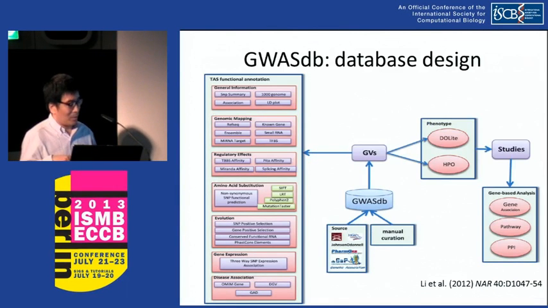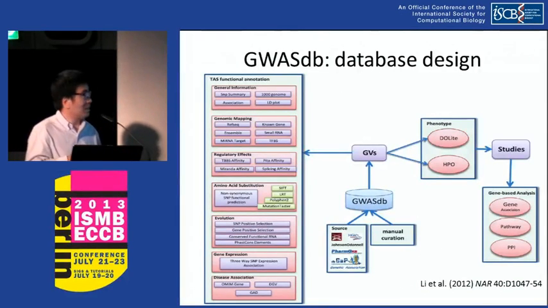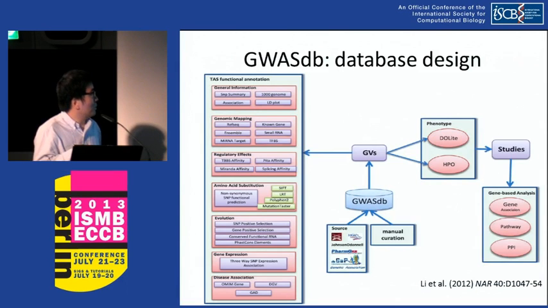So we are thinking, what can we do as bioinformaticians? What we did is that we created this GWASdb database. We did extensive functional annotation on those genetic variants.